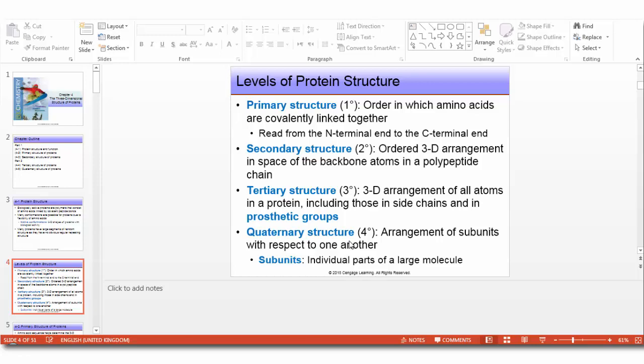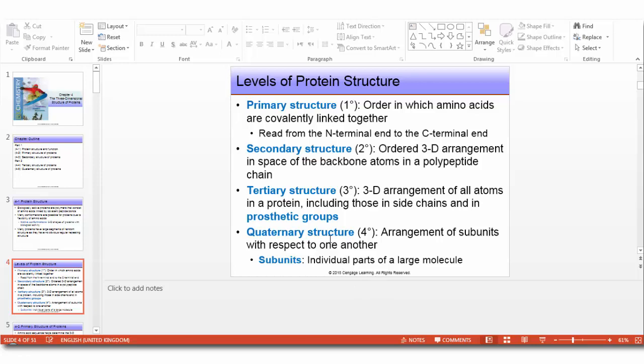Tertiary structure refers to the three-dimensional arrangement of all atoms in a protein, including those in side chains and in any prosthetic group. In the quaternary structure, a protein can consist of multiple polypeptide chains called subunits, and the arrangement of these subunits with respect to each other is referred to as the quaternary structure.